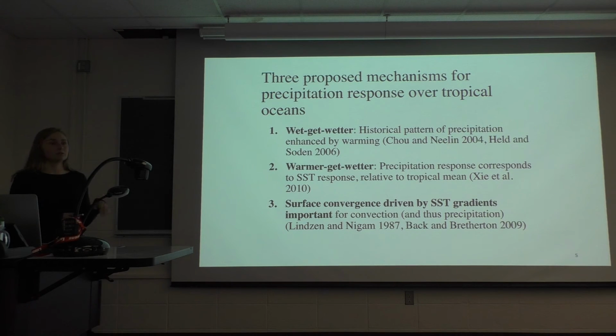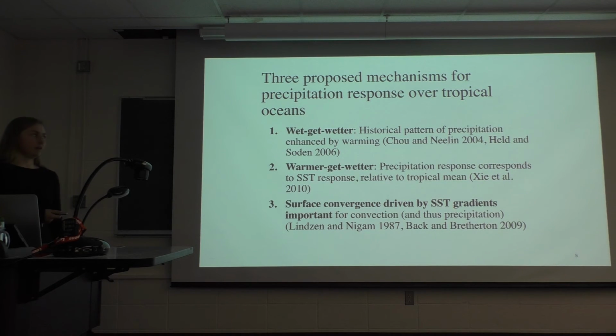So where SST increases a lot, we see increases in precipitation according to this mechanism. And when it increases less, we see decreases in precipitation. And then the idea that the portion of surface convergence from SST gradients is important for precipitation has been around since Lindzen and Nigam 1987. And this has been talked about a lot for the control climate. It hasn't come up as much in the climate change literature.